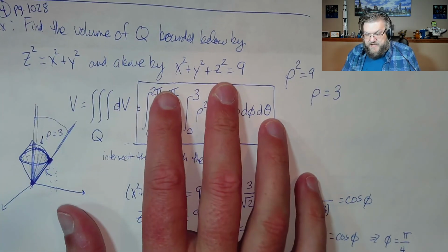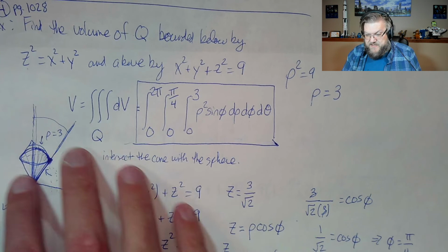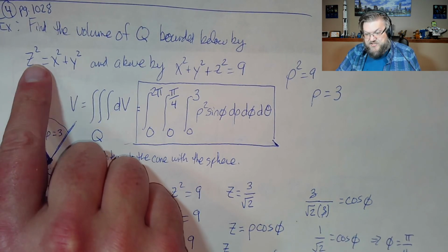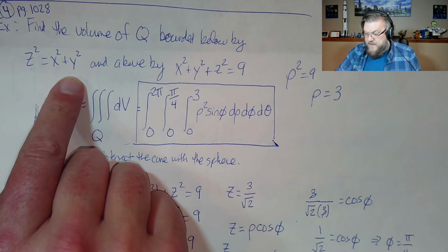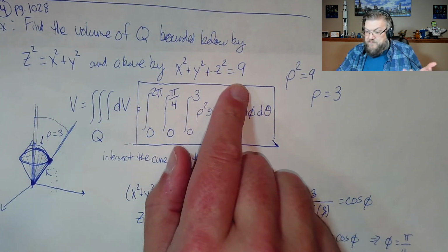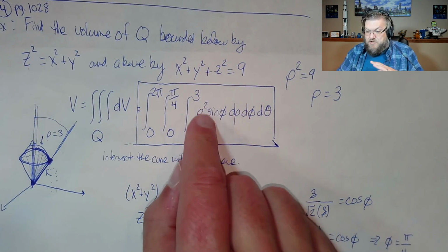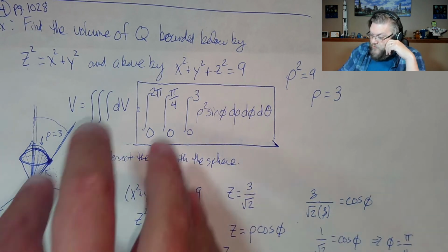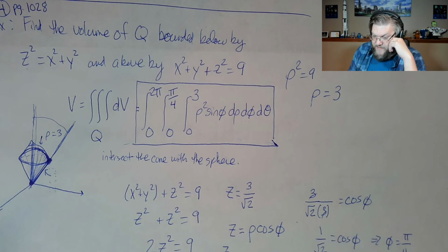Because if you stuck with x's, y's, and z's, you are going to have to solve these for z, x, or y and get square roots of sums of squares of two variables. You're going to get bogged down and stuck really quickly if you're forced to stick with rectangular coordinates here.